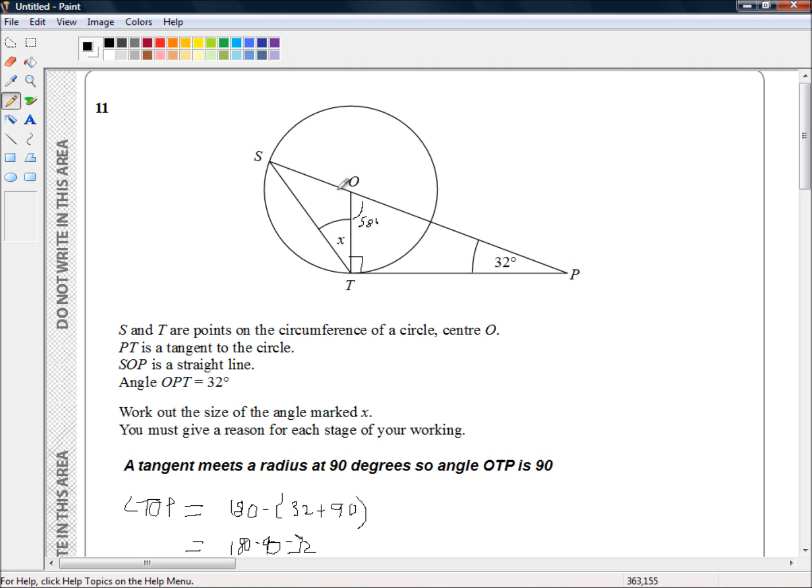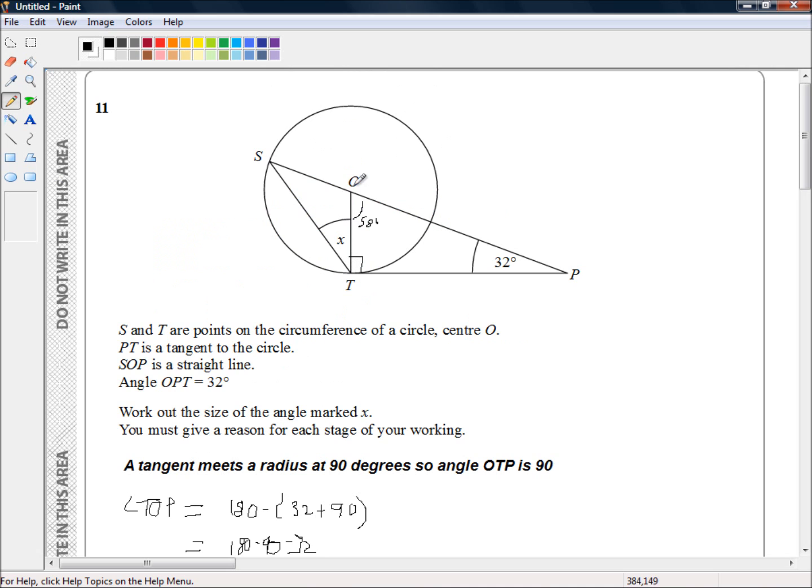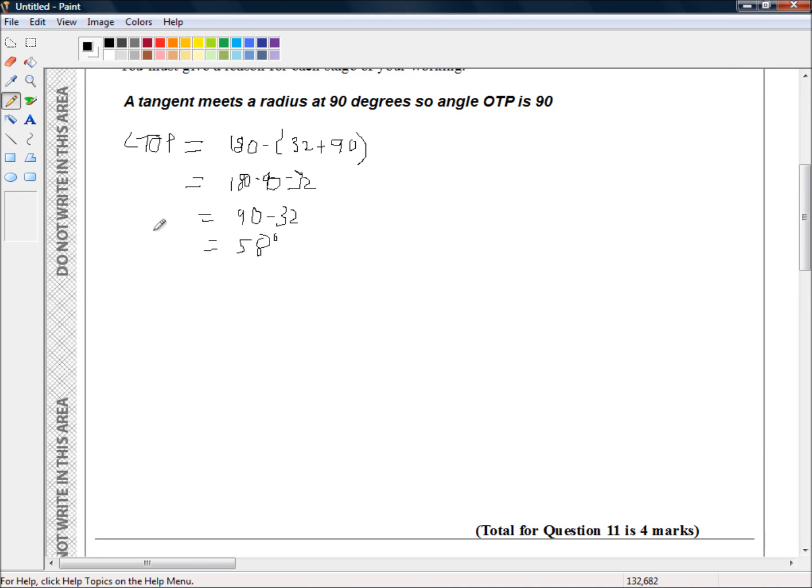Okay, so because these two angles are on a straight line, this angle here is 180 degrees minus 58 degrees. So angle TOS is equal to 180 degrees minus 58 degrees.